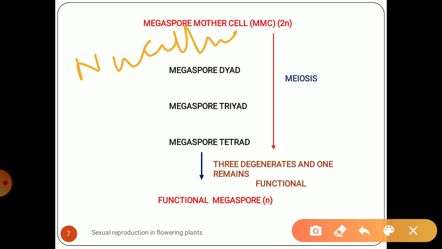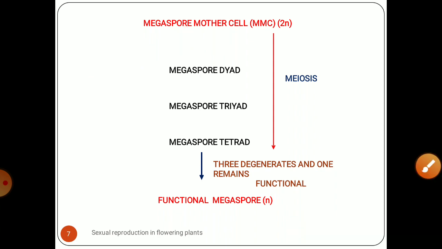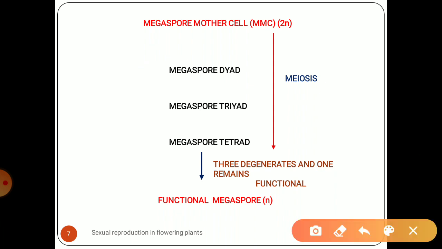From the nucellus, this megaspore mother cell differentiates, and only one megaspore mother cell forms from the nucellus tissue. Keep this in mind, only one megaspore mother cell is formed, which is obviously diploid in nature. Any gamete mother cell is also known as a meiocyte. We have discussed this in the first chapter.